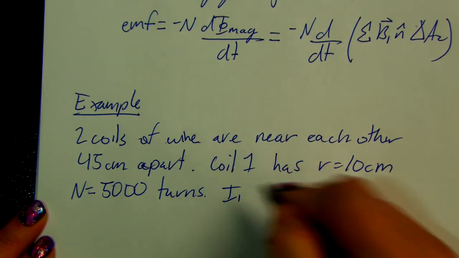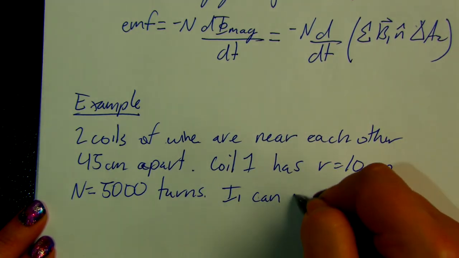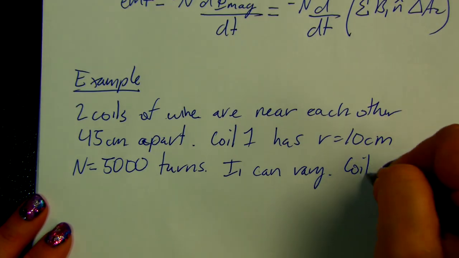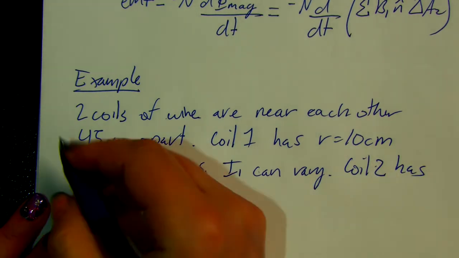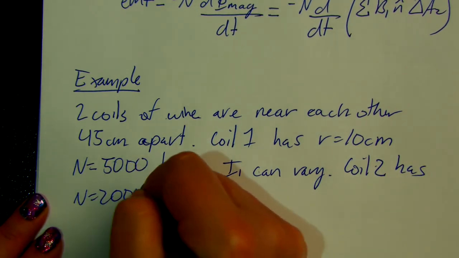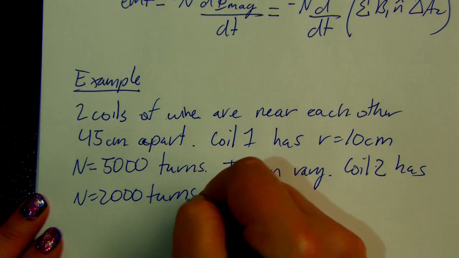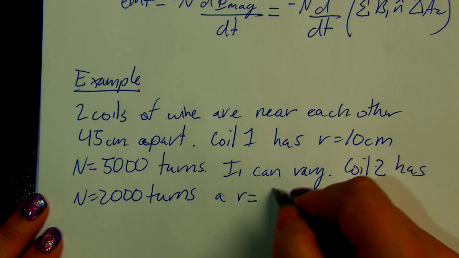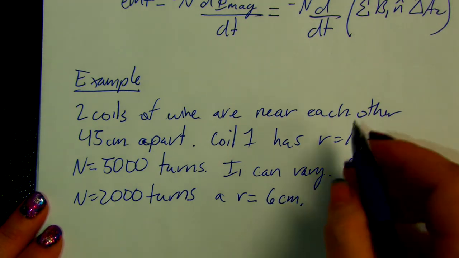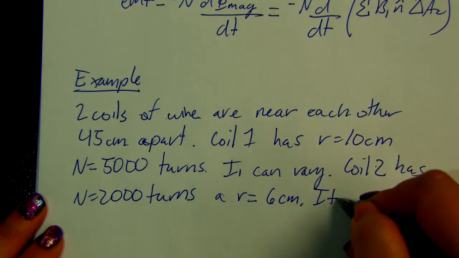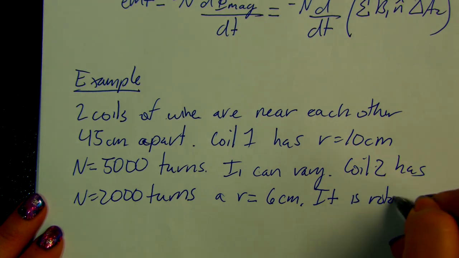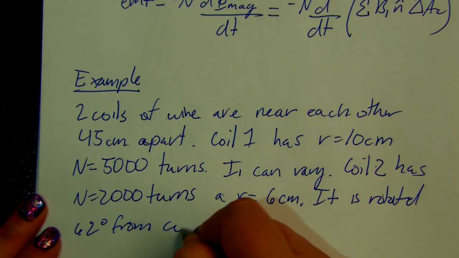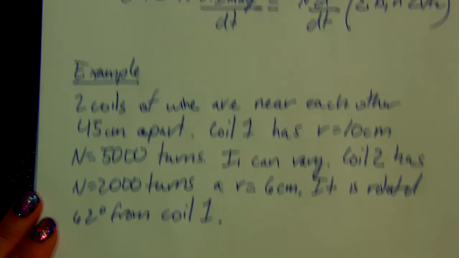And the current in coil 1 can vary. Coil 2 has 2,000 turns and a radius of 6 centimeters. It is rotated 62 degrees from coil 1.